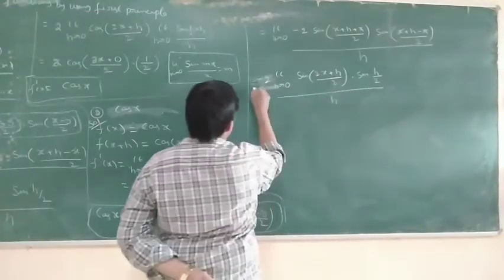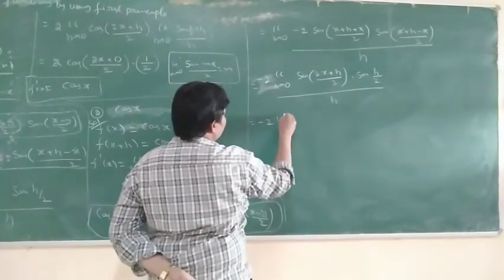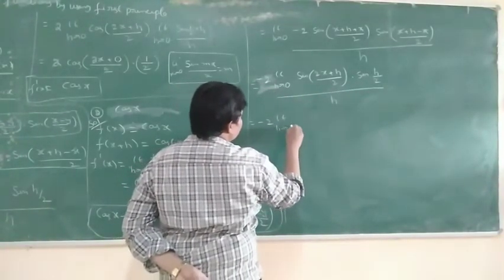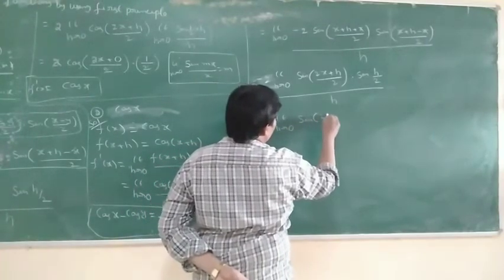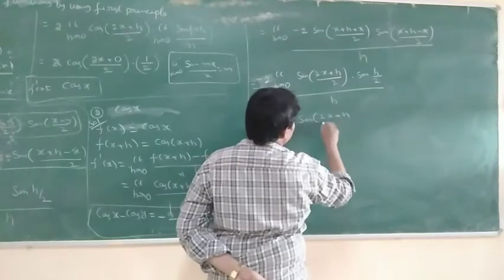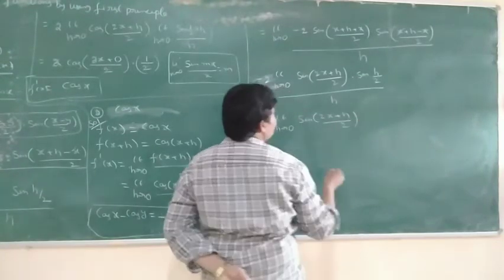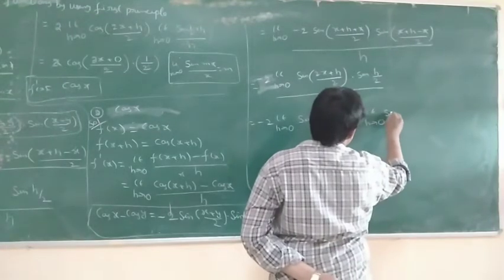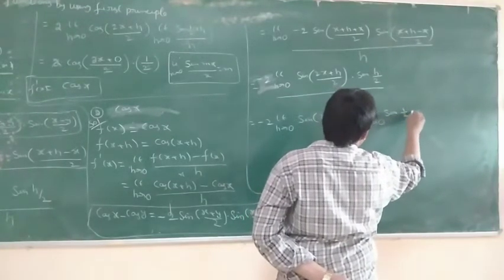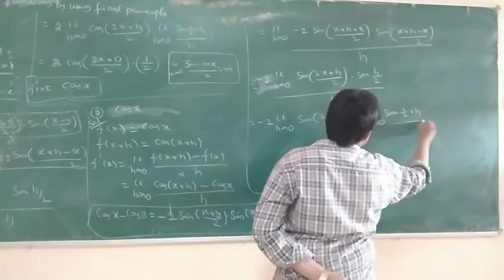So separate the limits: minus 2 into the limit as h tends to 0 of sin of (2x plus h) by 2, into the limit as h tends to 0 of sin h by 2, which means 1 by 2 into h by h.